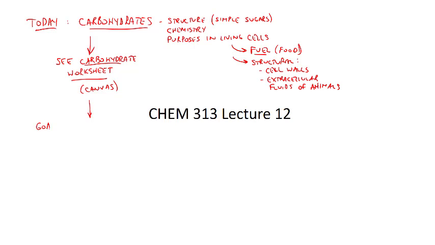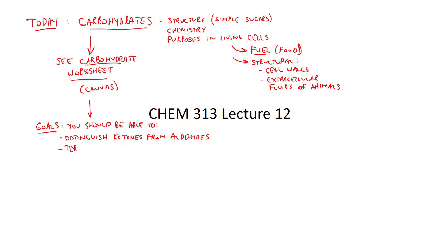Still, the goals for the carbohydrate section, things that you should be able to do by the time we finish with this unit. You should be able to distinguish ketone sugars from aldehyde sugars. And that's harder than you might think at first glance.